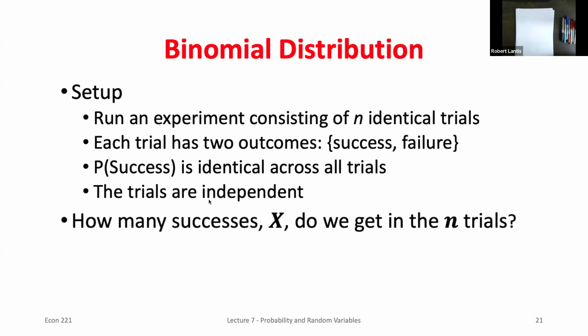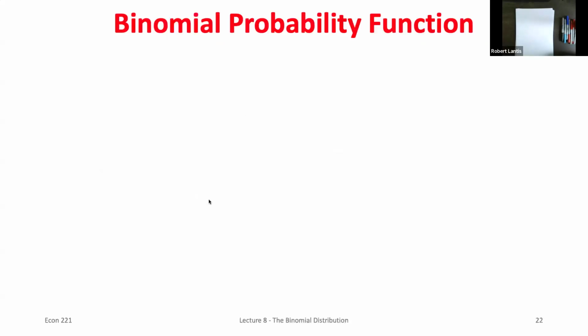The next question we might be thinking about is, if I run this trial n number of times, 100 times, what's the probability I see X number of successes? Or, if I'm selecting a person at random and I want to know whether they are over 6 foot tall or not, what's the probability that if I ask 10 people, 5 of them are over 6 feet tall?